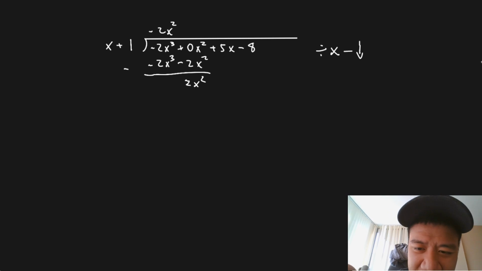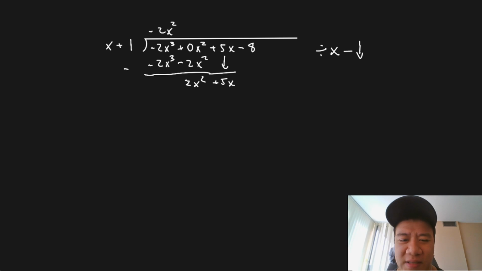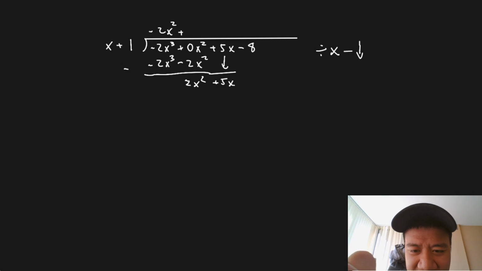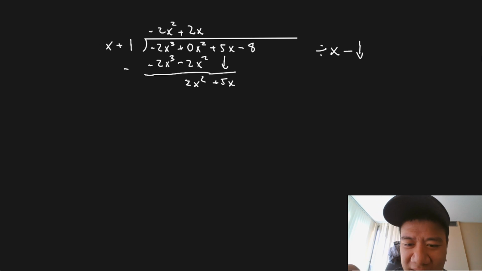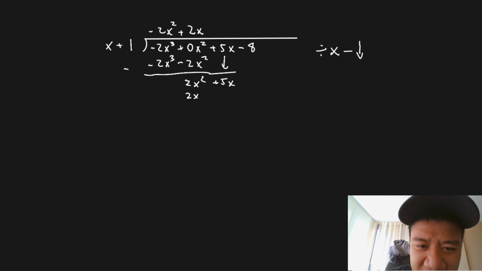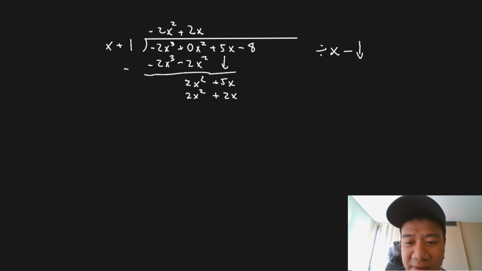Next thing we do is we bring down 5x. Okay, and division, 2x squared divided by x gets us 2x. Next step is multiplying, so 2x times x plus 1 gets us 2x squared plus 2x.